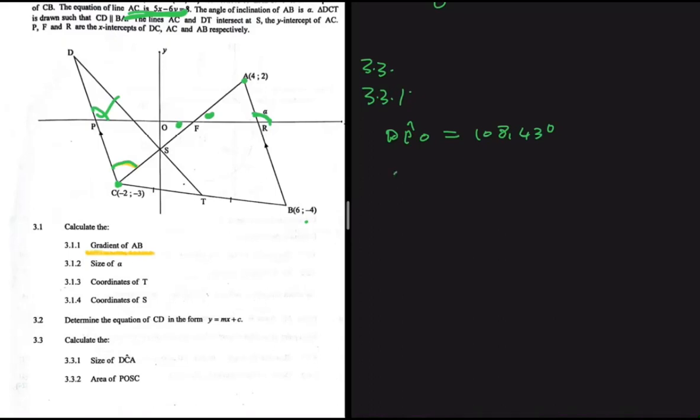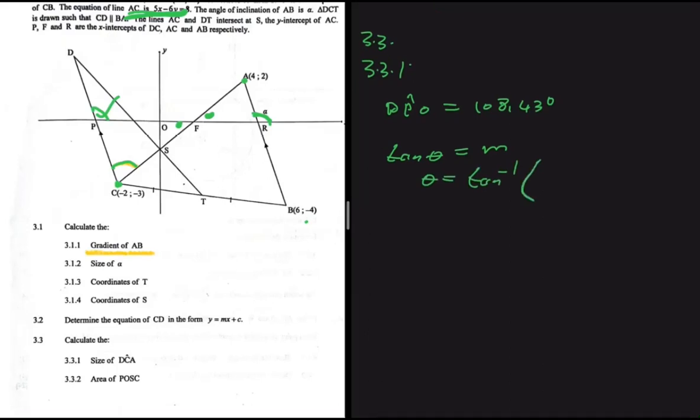How are we going to calculate it? We're going to say that tan of theta is equal to the gradient, right? So here we're going to say that theta is equal to tan inverse of the gradient. So what are we saying? We're saying y2 minus y1 divided by x2 minus x1. But just for the sake of time, we're going to do it without writing the formula down, right? So what is y2? Let's take A as our second point, right?